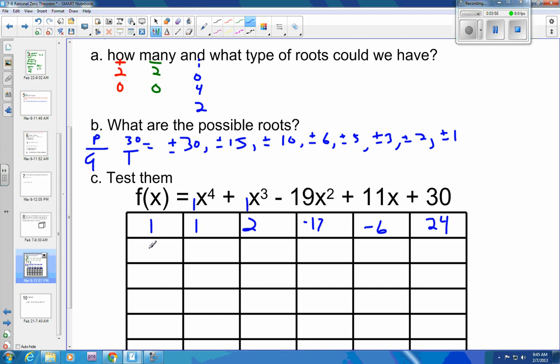So the next number up we have is a positive 2. Whenever I fill in positive 2, I bring the 1 straight down.